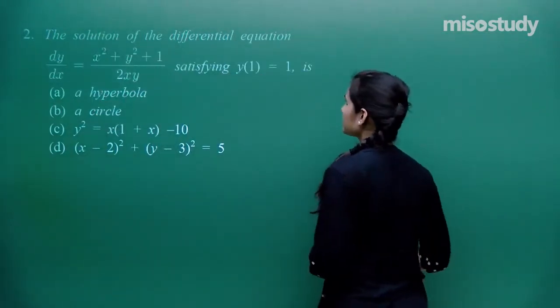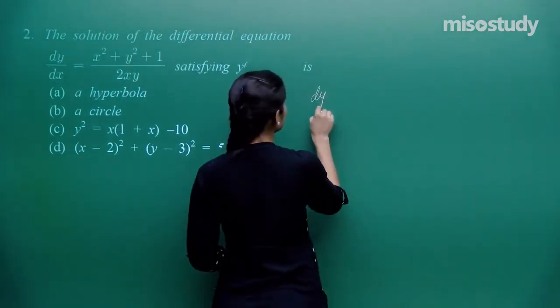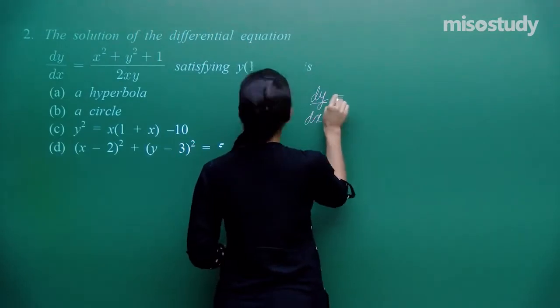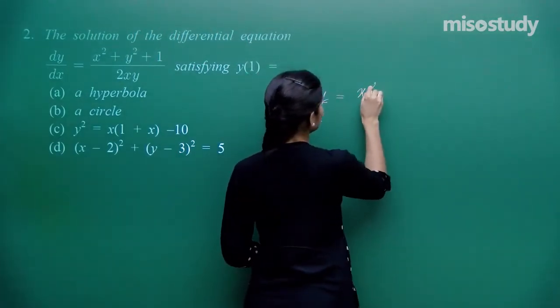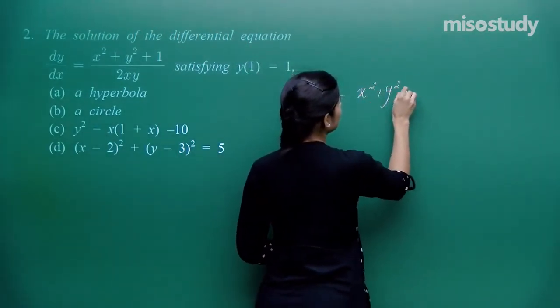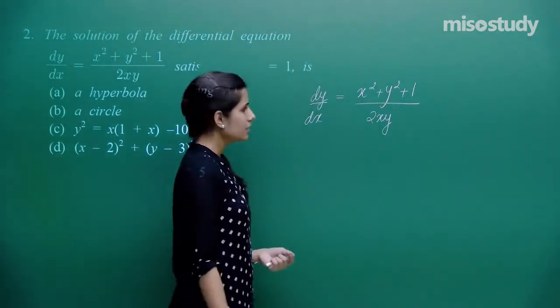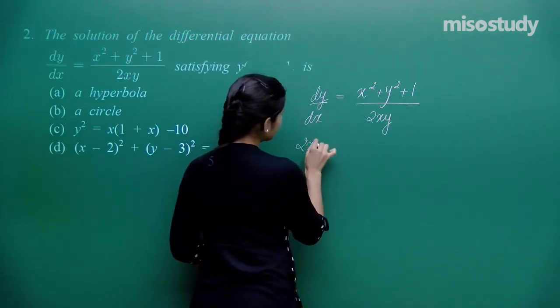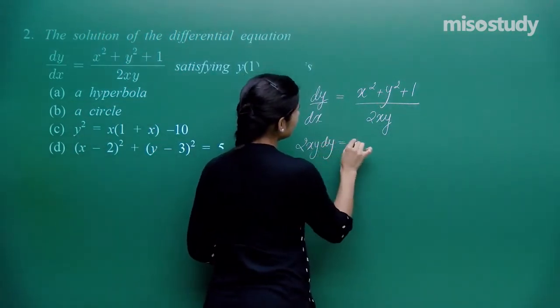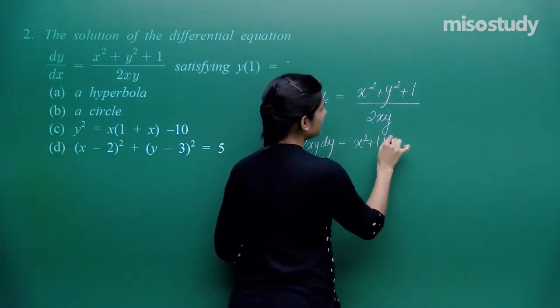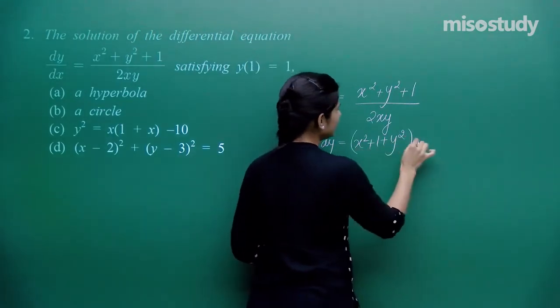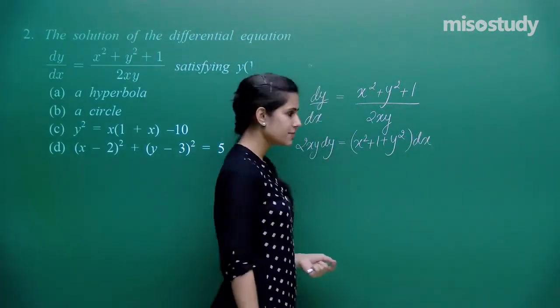So let's do that. dy by dx is equal to x square plus y square plus 1 upon 2xy. I can write this as 2xy dy being equal to x square plus 1 plus y square dx, right?